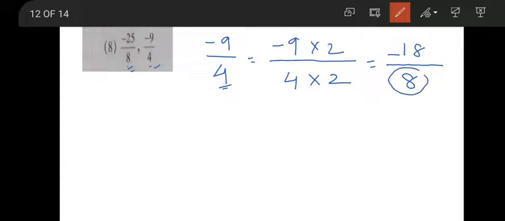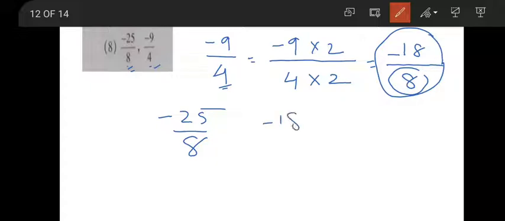So, I'll write the first fraction minus 25 upon 8 and the second fraction's answer, that is minus 18 upon 8. So the denominators have become equal. Now we'll compare the numerators. In the numerator, both the numbers are given in negative form.